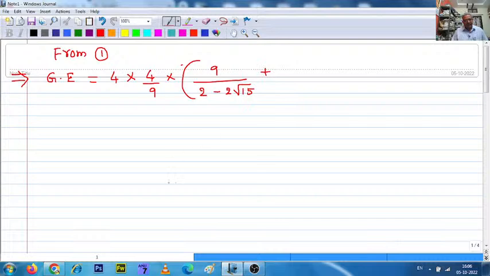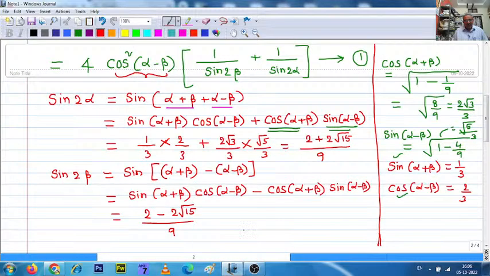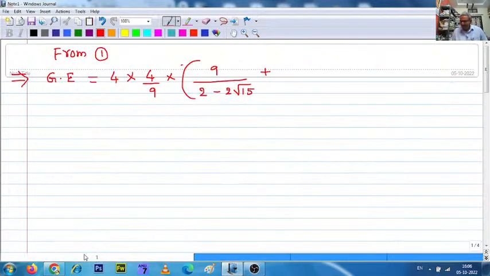plus, you will be getting 9 by 2 plus 2 root 15.